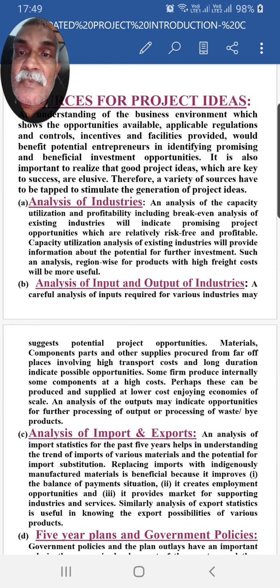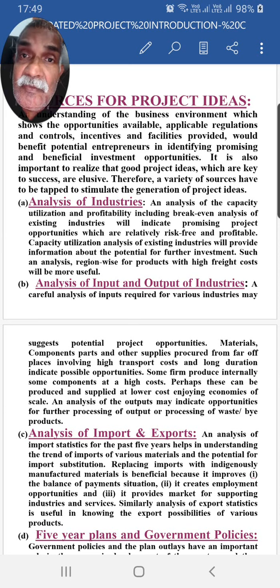So, to identify promising and beneficial investment opportunities, we have to find the opportunities in our surrounding.